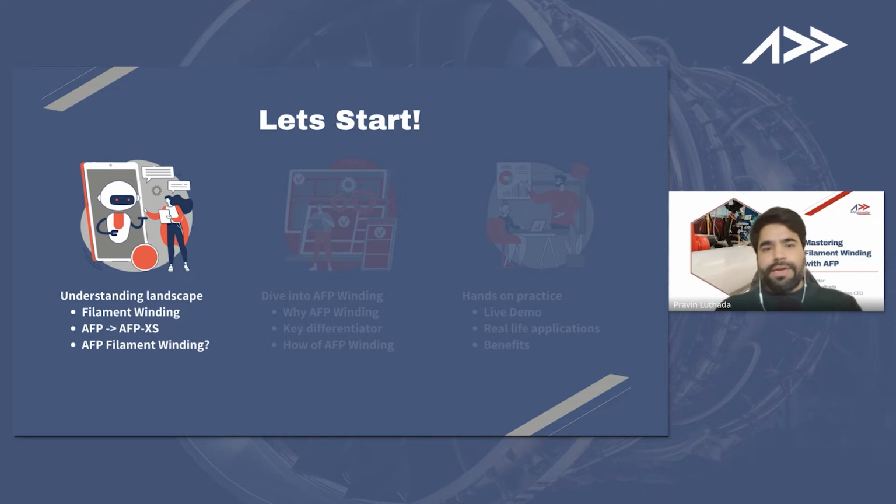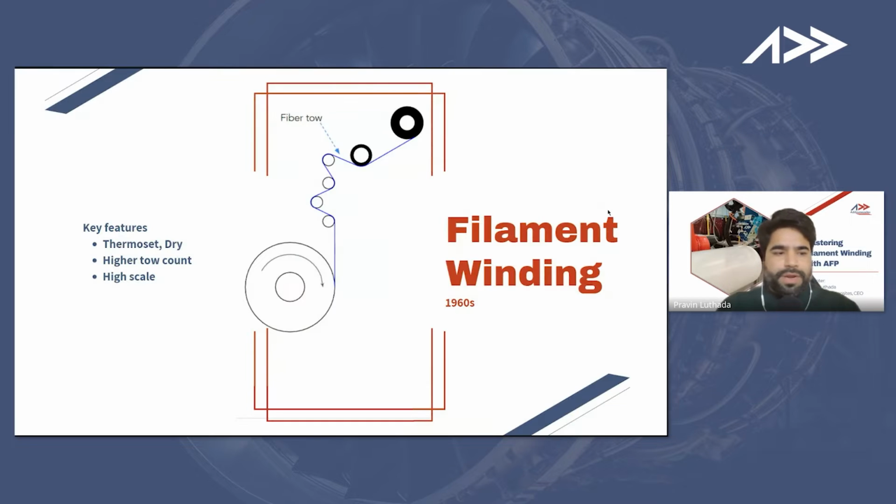Then we'll dive later into why we would want to do it, and then the live demo of the machine running, and then how you can start doing it. So I'm going to have a live programming demo and followed that with the live machine running demo, then the Q&A.